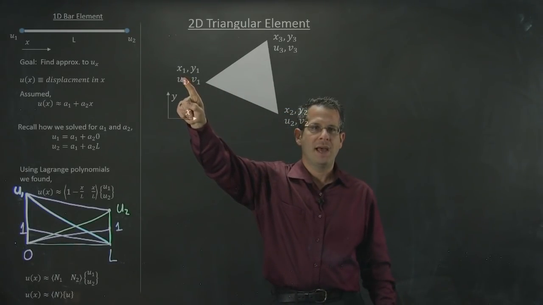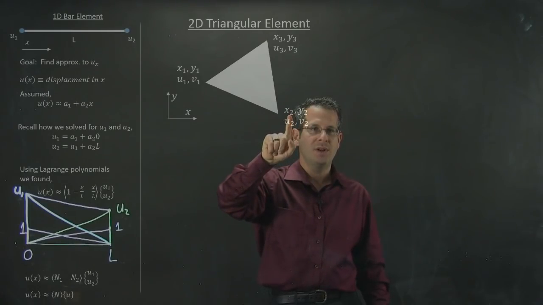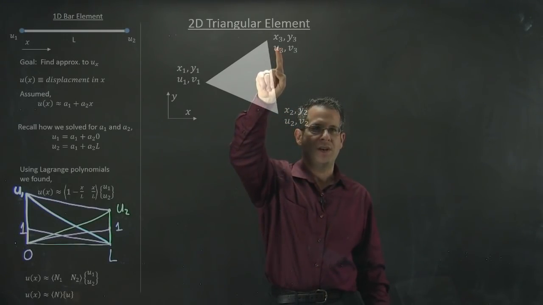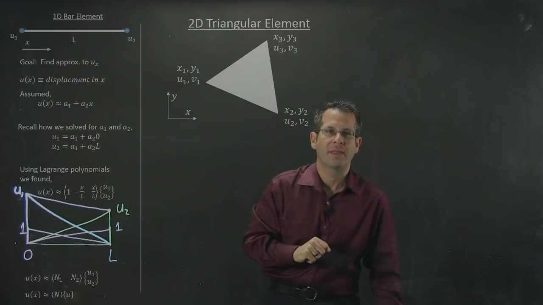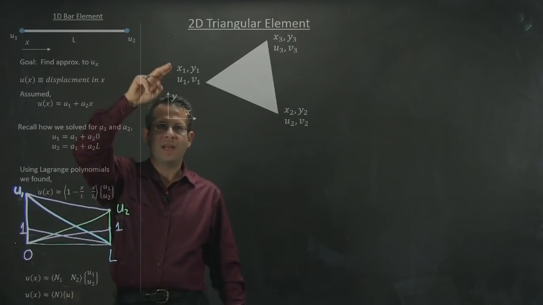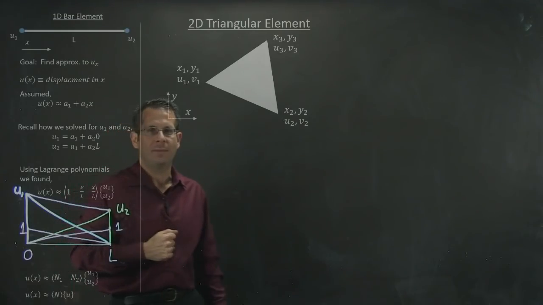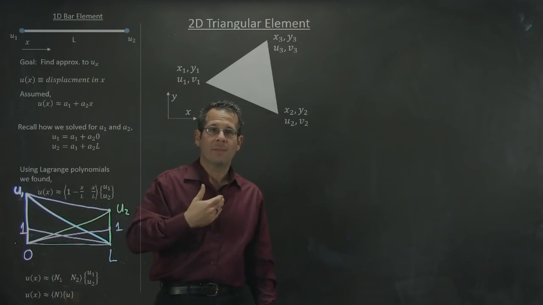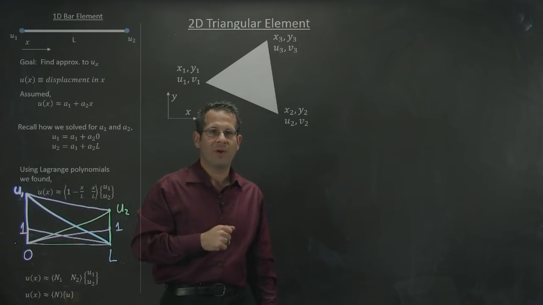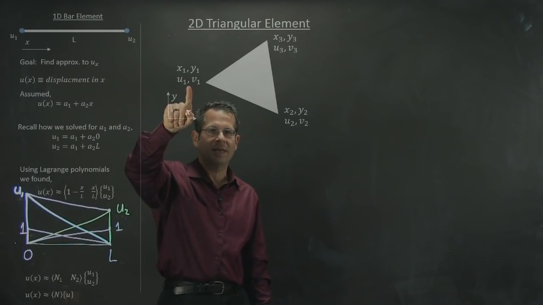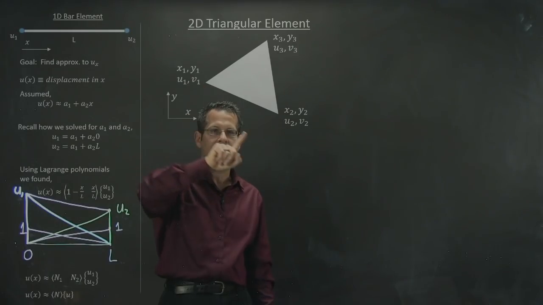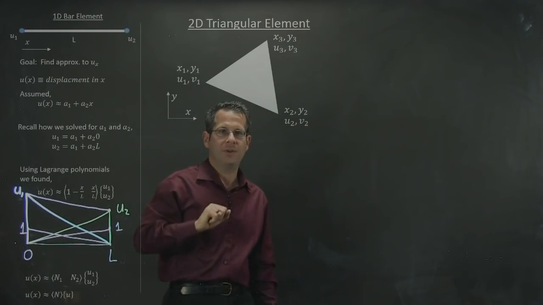Node number 1 at x1, y1, node number 2 at x2, y2, and node number 3 at x3, y3. These would be known once I set up my grid. At the end of my problem, I will solve for the displacements in the x direction and displacement in the y direction of node 1, node 2, and node 3.